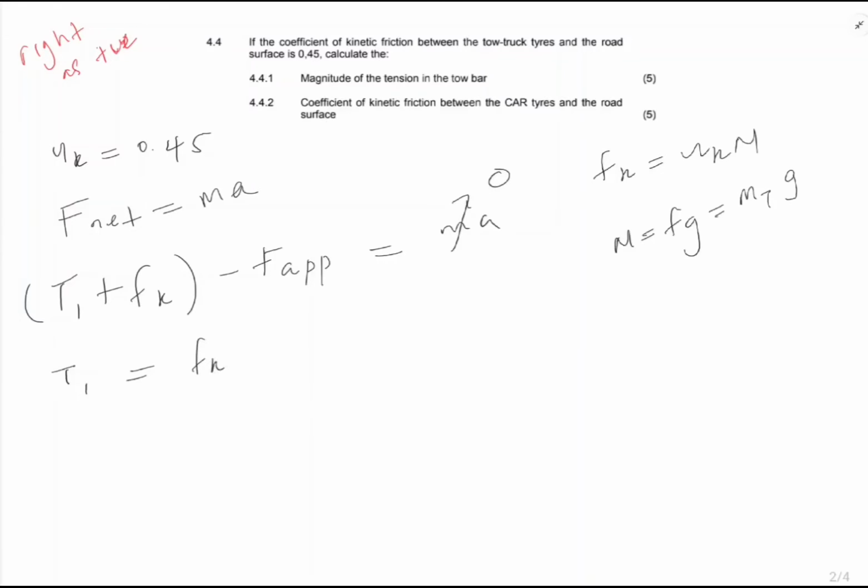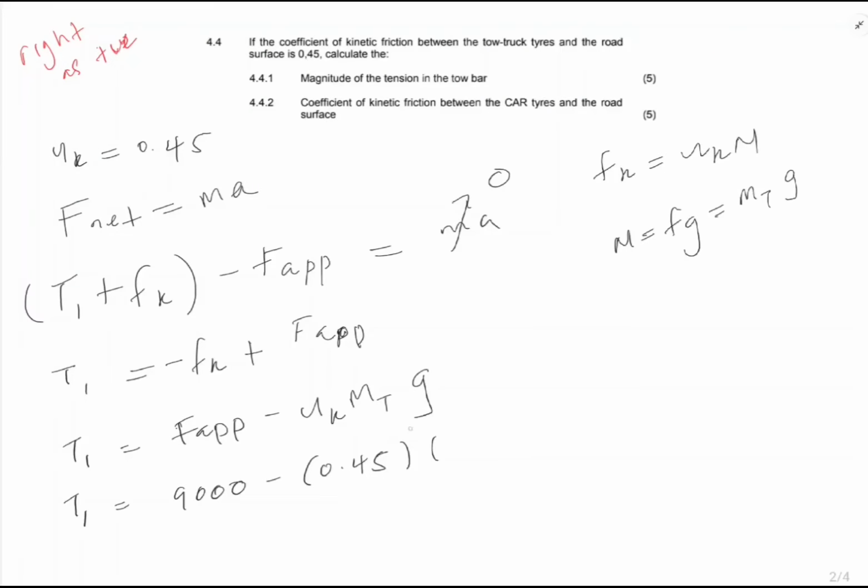So Fk now, it's minus, sorry, it's negative plus F applied. And T1, let me just organize this properly: F applied minus mu k m g. Nice. And T1 is equal to 9,000 minus 0.45, and the mass of the tow truck.